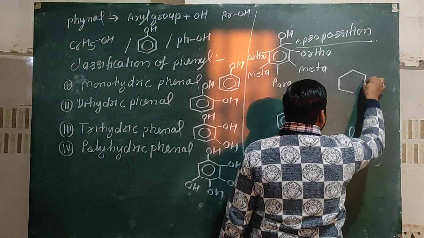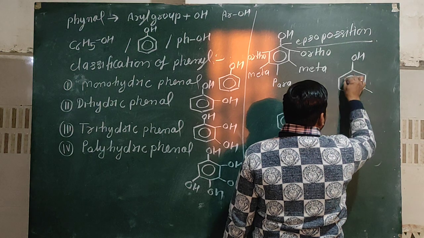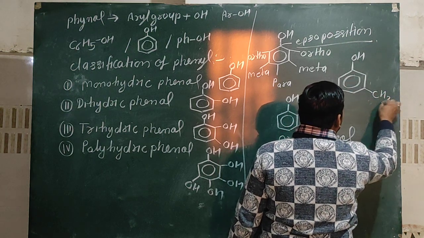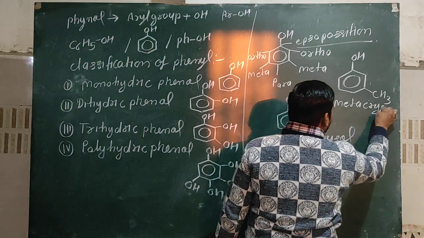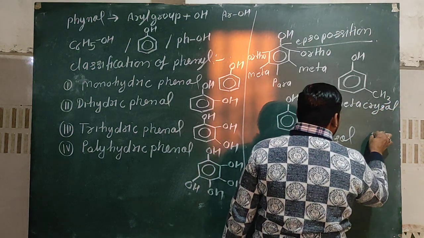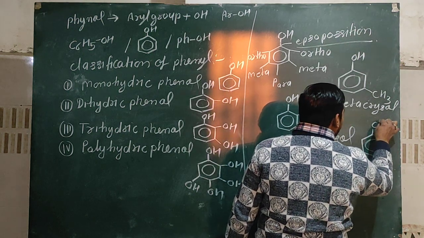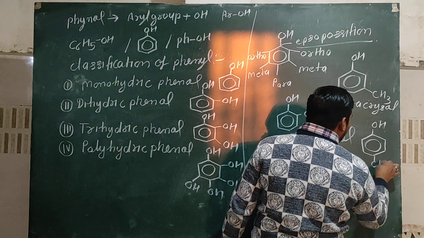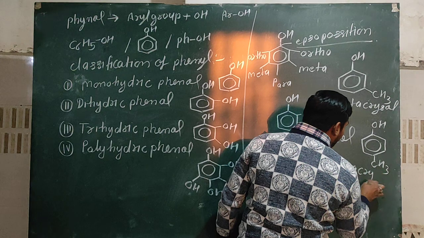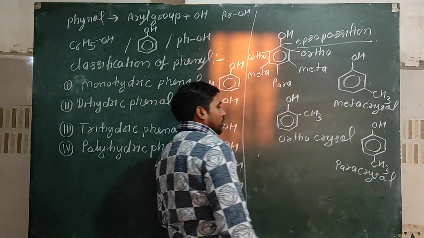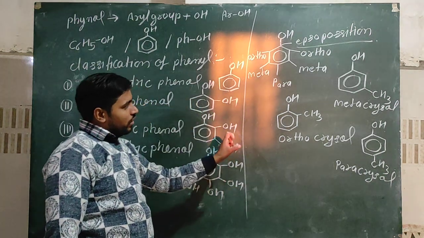If the OH group contains CH3 toward the meta position, then it is known as metacresol. Okay. And if the OH group contains CH3 toward the para position, then it is known as paracresol.